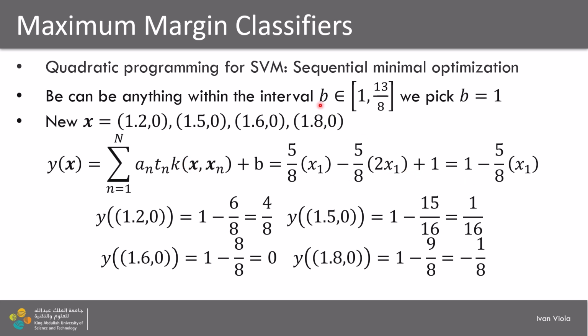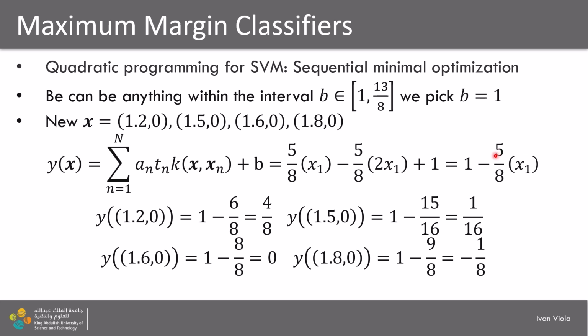And finally, the b, we have defined that it's 1, so we have the final formula. Actually, we can still reformulate it, and as here is 2, we will have 1 minus 5/8 x1.